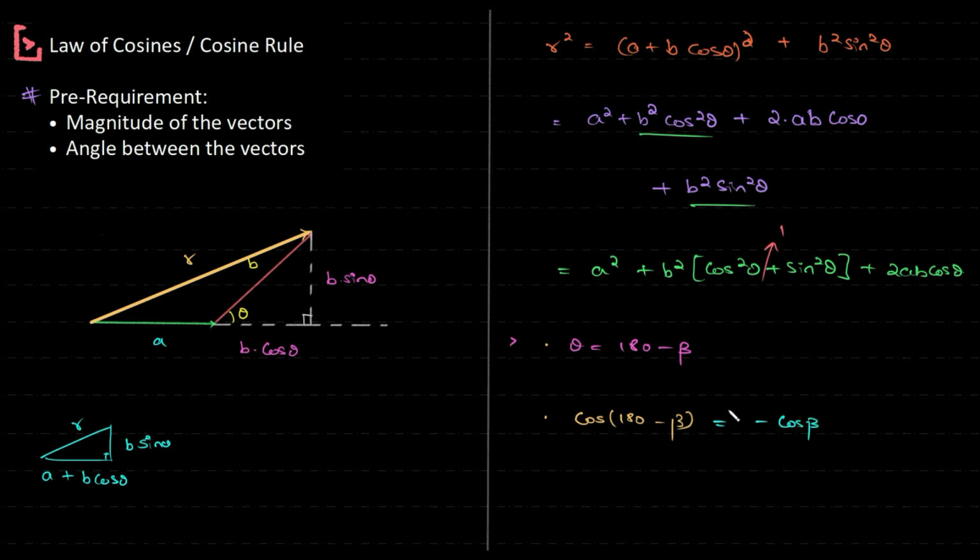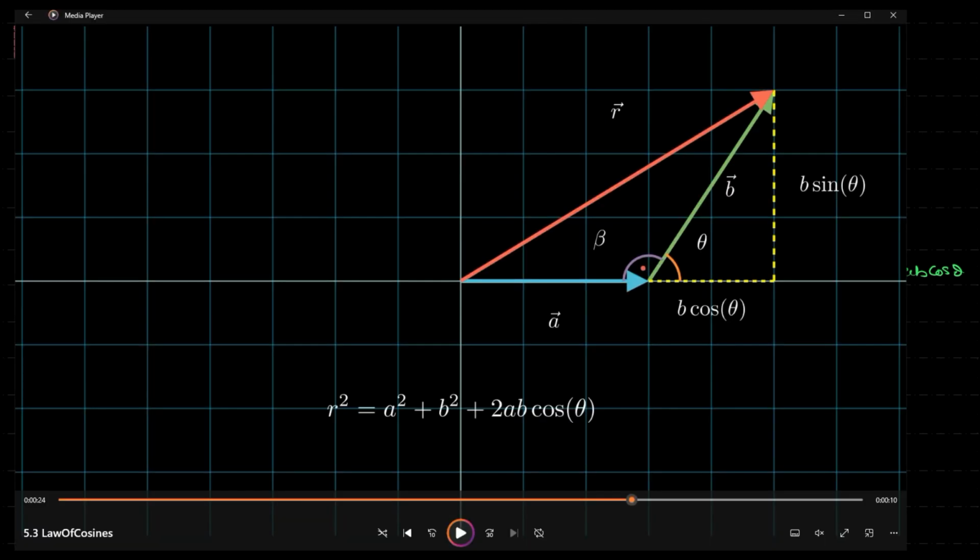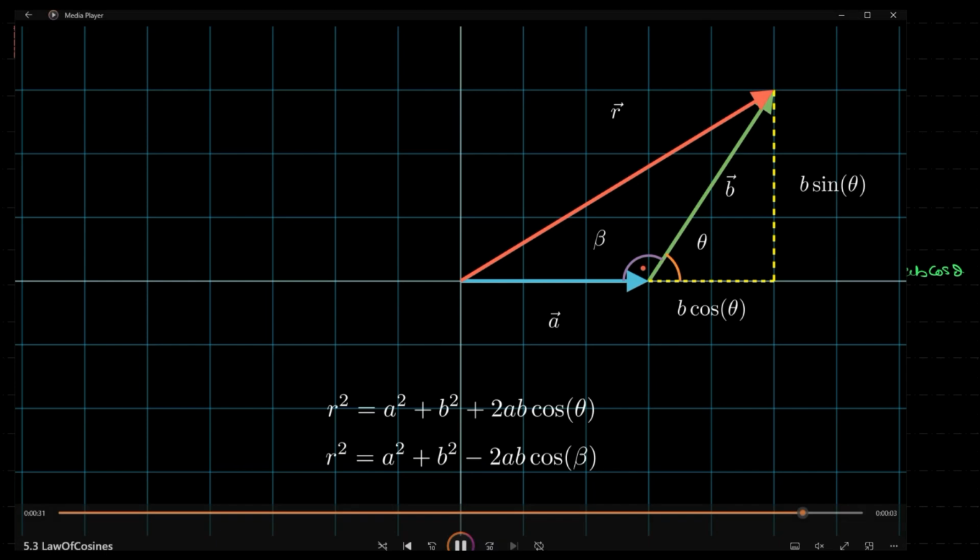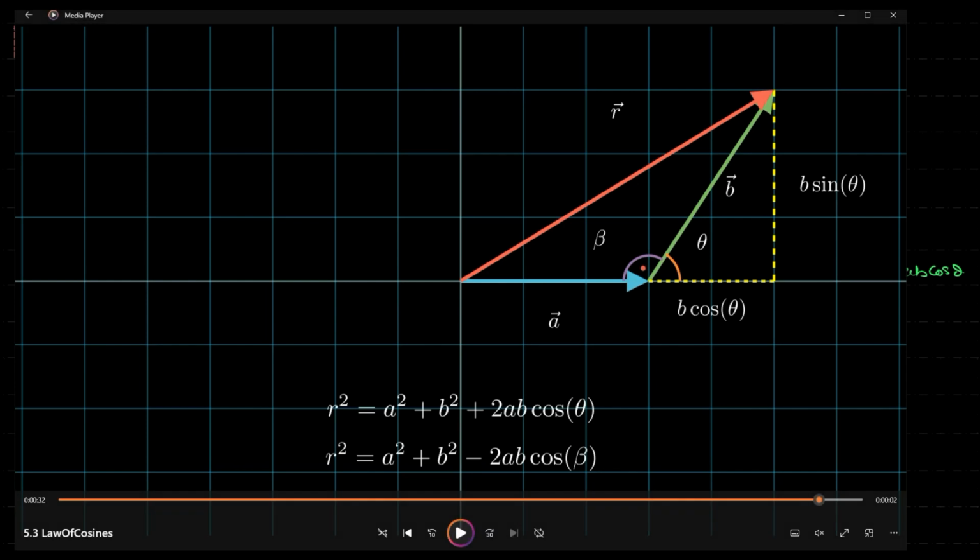You will be learning this in trigonometry, right guys? So let me not go into the details of this. So your other important result is r squared is equal to a squared plus b squared minus 2ab cos beta.